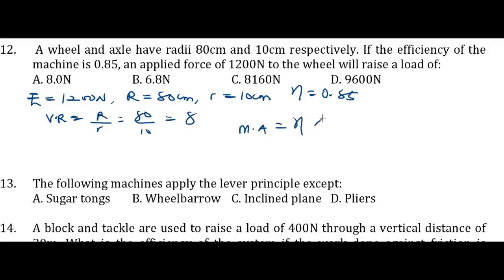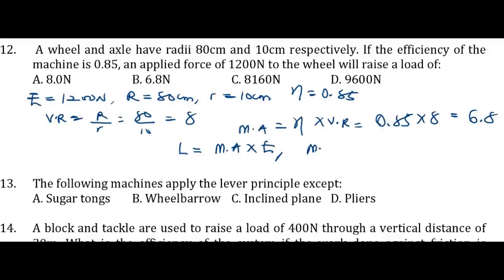Mechanical advantage is always efficiency times velocity ratio, which is 0.85 multiplied by 8. And this is 6.8.